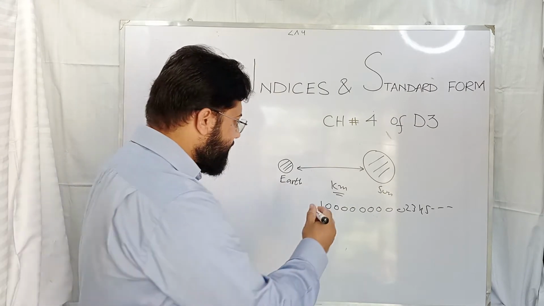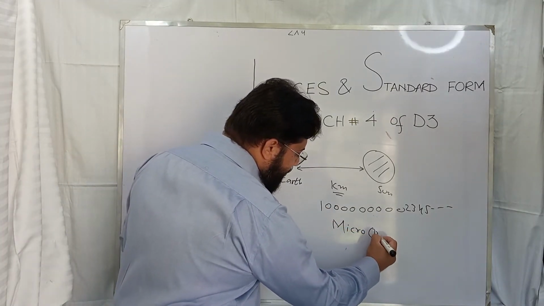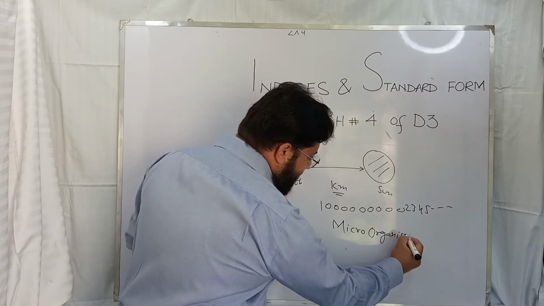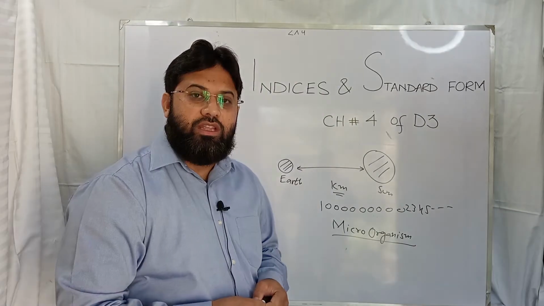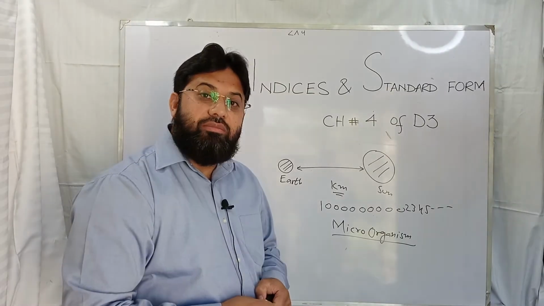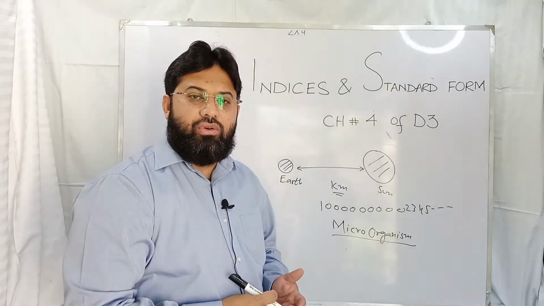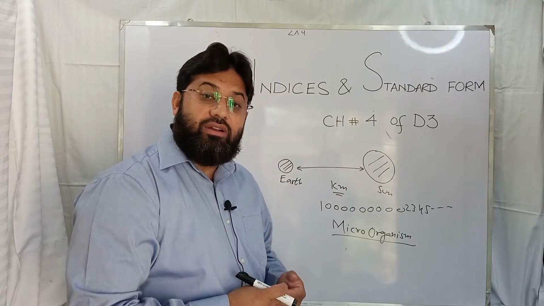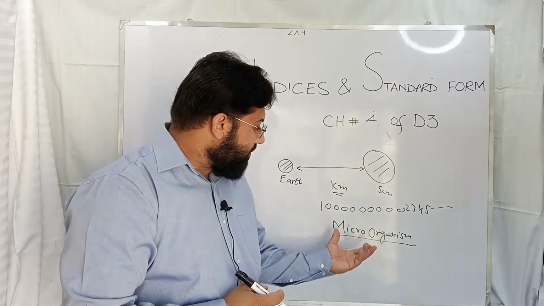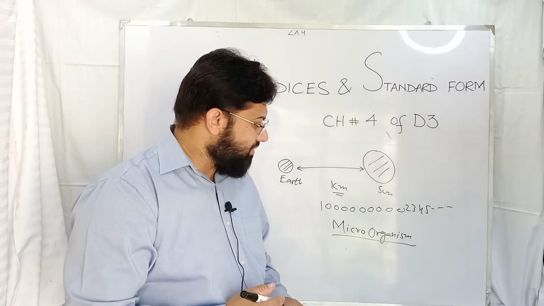Contrary to this issue, if we are going to deal with a microorganism, for example, the size of a paramecium, the diameter of a small bacteria, or the size of a DNA, that also made a problem for scientists and biologists.